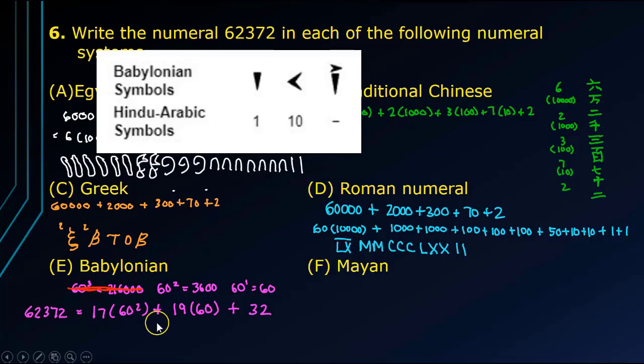That leftover number can be divided by 60 19 times, and then I'm left with 32. So this breaks down to 17 times 60 squared plus 19 times 60 plus 32.